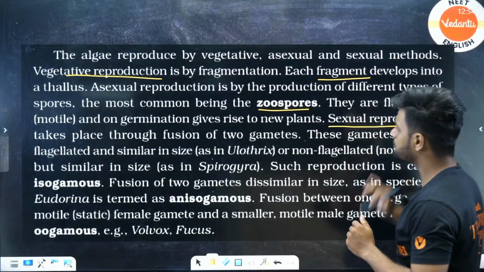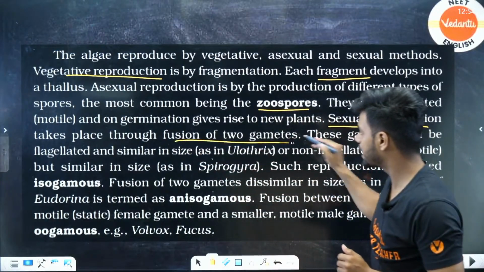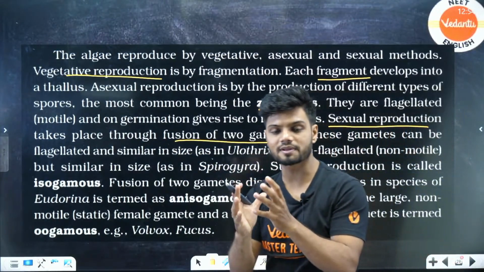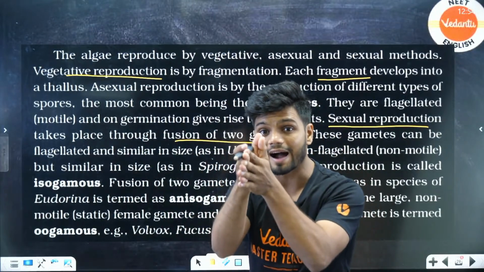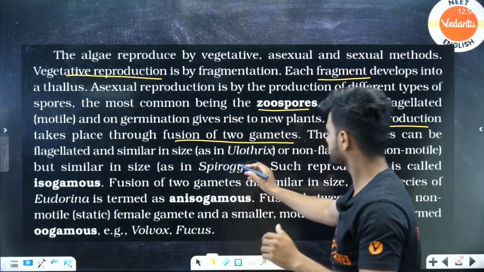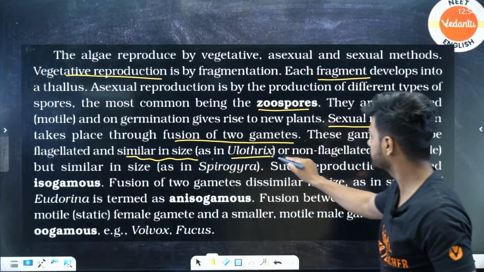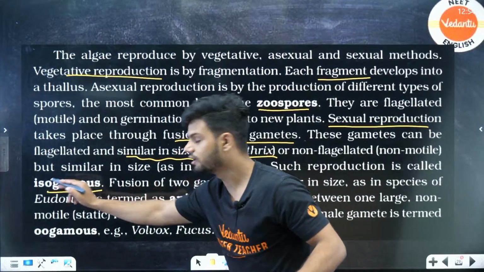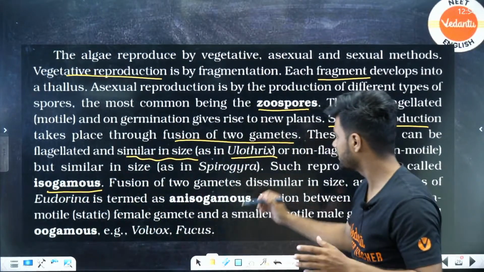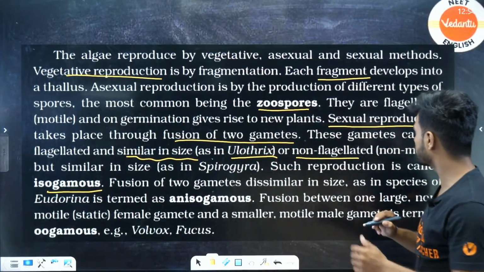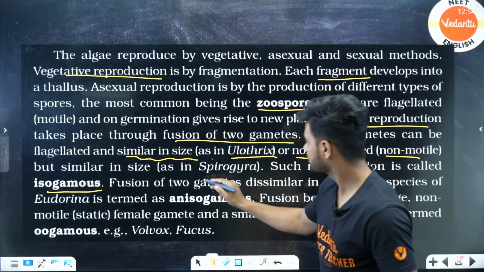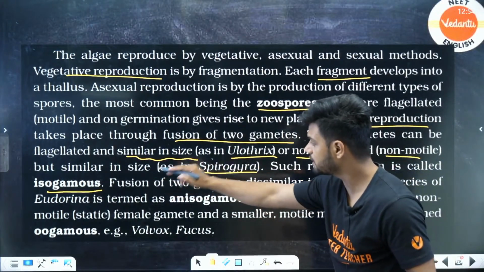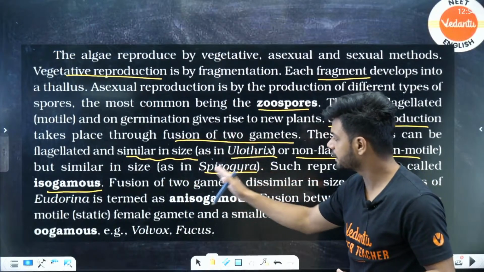Then under sexual reproduction, we learnt about fusion of two gametes, where if the fusion of gametes is very similar to each other, it is called isogamy. Similar in size, Ulothrix, it's called your isogamy. If both are motile, example is going to be Ulothrix. If it is non-motile, example is going to be Spirogyra.